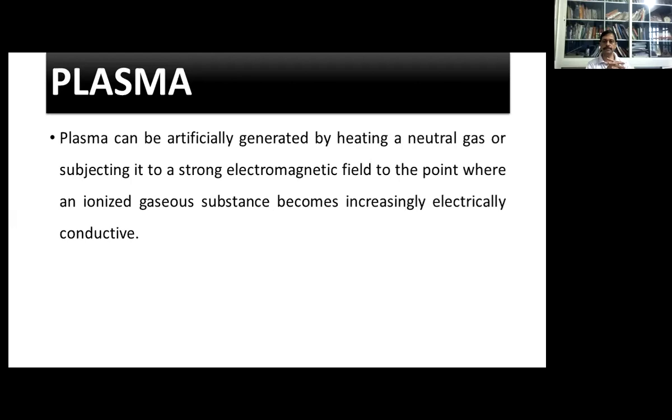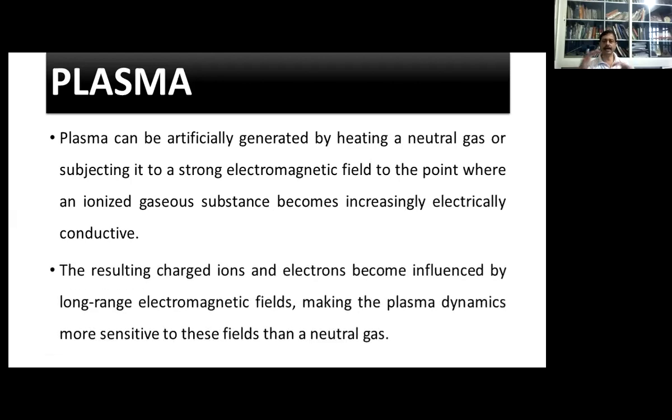For this purpose, a neutral gas is heated to a very high temperature, or it is subjected to a strong electromagnetic field to such a point that there will be ionization in the atoms of gaseous substance, and that becomes increasingly electrically conductive.